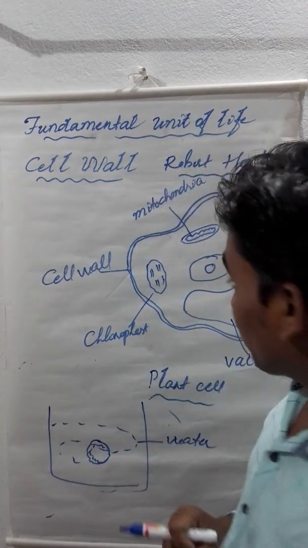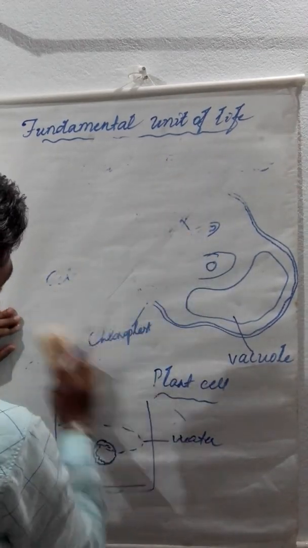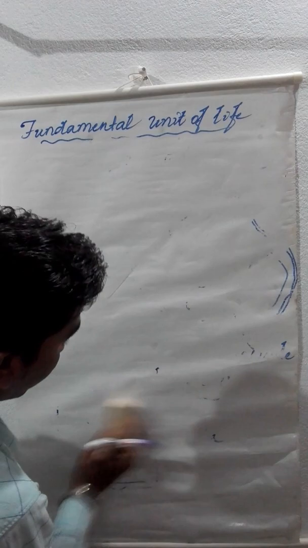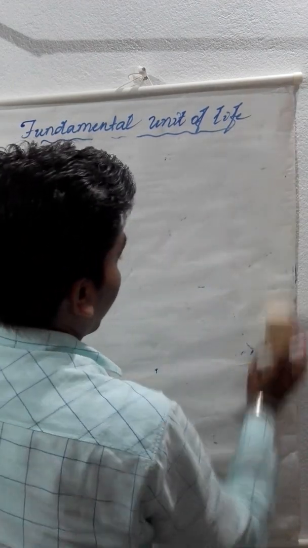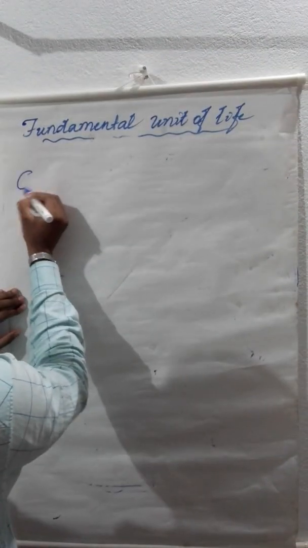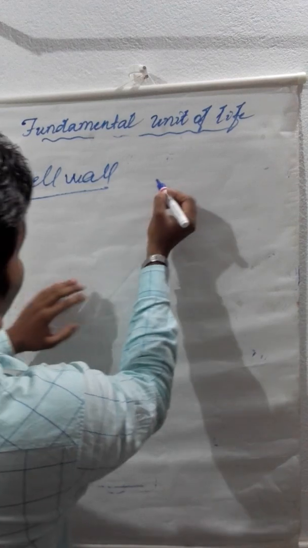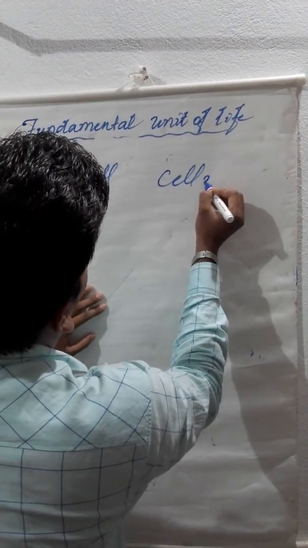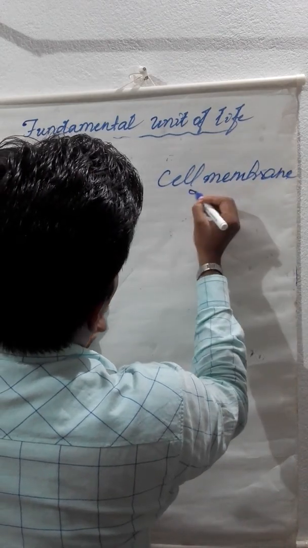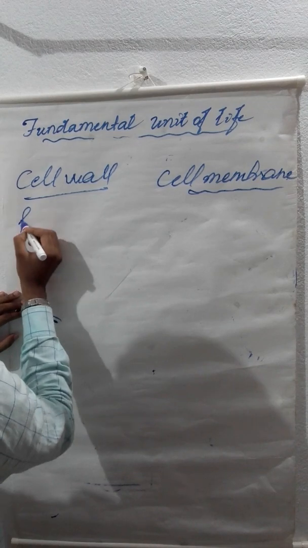Next we have to discuss the comparison between cell wall and the cell membrane. The cell wall is a permeable membrane.